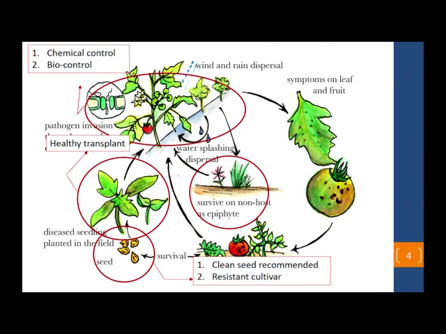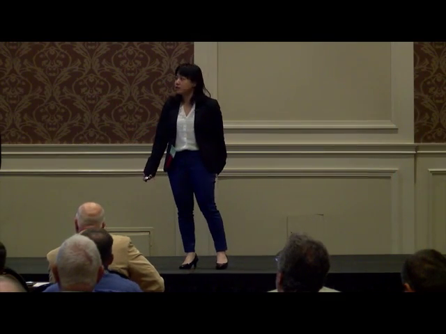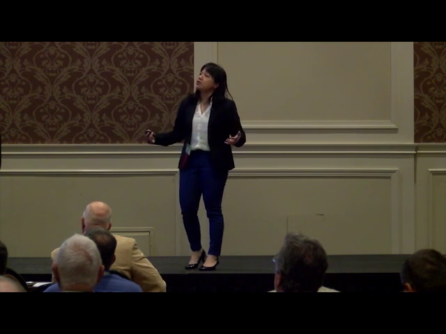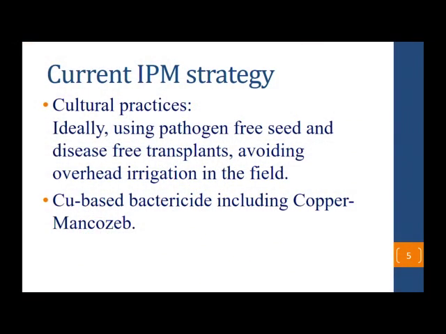And the sanitation of the field is really important, so clean out the plant debris or clean out the weeds or the volunteer tomatoes in your field after harvest. So that goes to the current IPM strategy, which includes the cultural practices that I just mentioned: ideally use pathogen-free seed and disease-free transplants and avoid overhead irrigation in the field, because basically you try to keep it dry, not too wet, because bacteria like humidity.